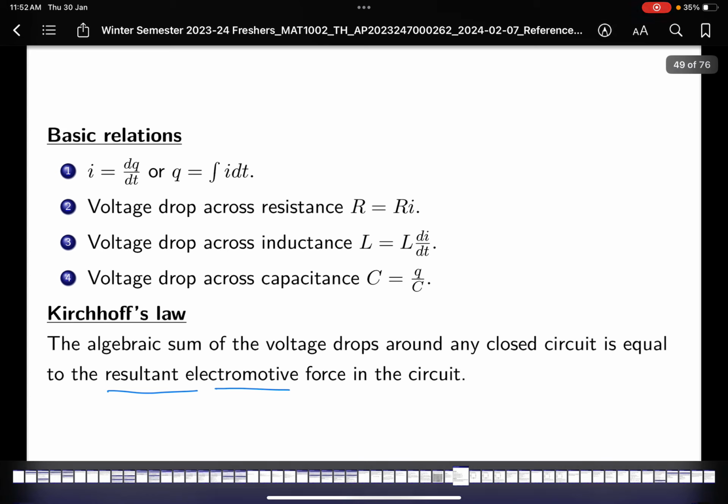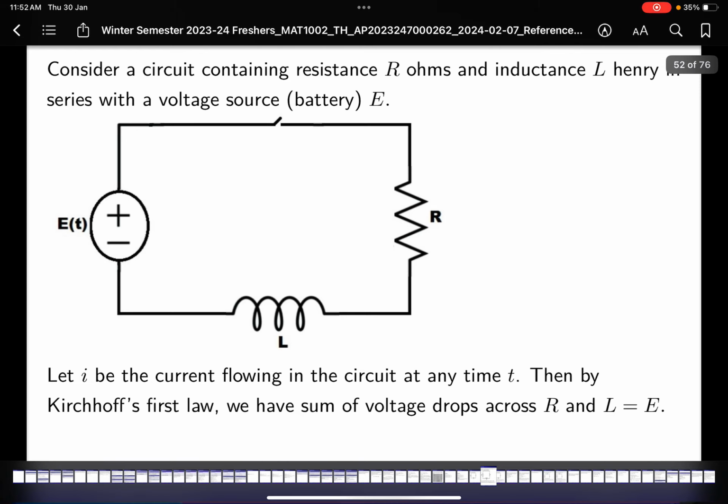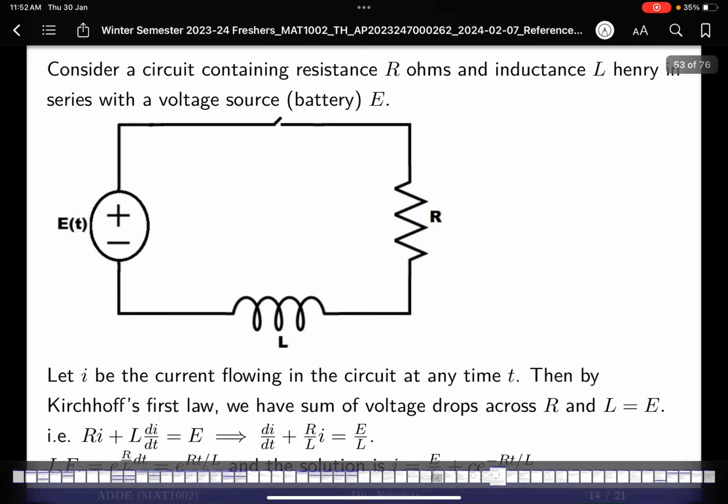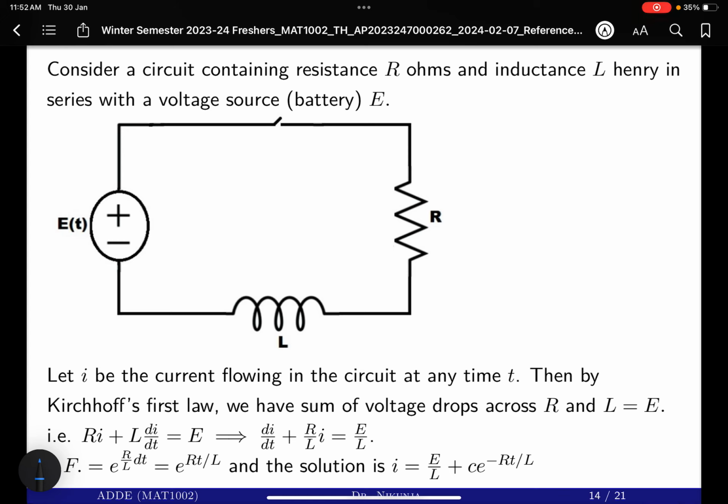So see, for a closed circuit, the sum of the voltage drops is equal to the electromotive force for the entire circuit. From physics you already have this formula.